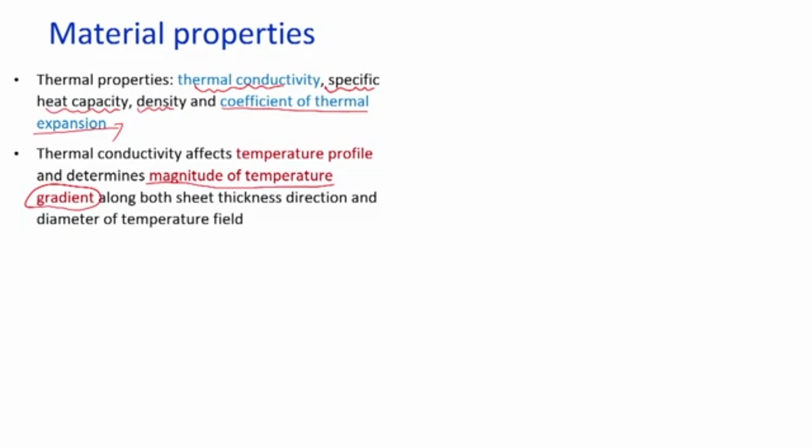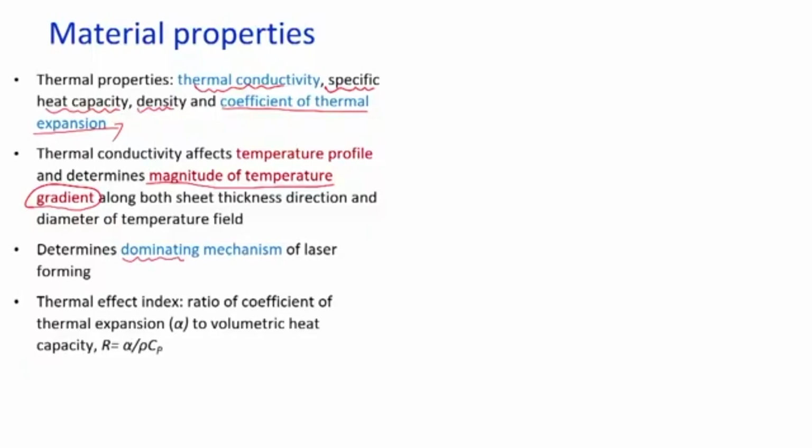As we have seen, if the thermal conductivity is higher, we may not get sufficient bend angle, and that is due to less temperature gradient. If you are using a stainless steel sheet of 2 mm and a copper sheet of 2 mm, the temperature gradient in the stainless steel sheet would be more than in the copper sheet because of the lower thermal conductivity that SS provides for the same process parameters and the same geometry of the work part.